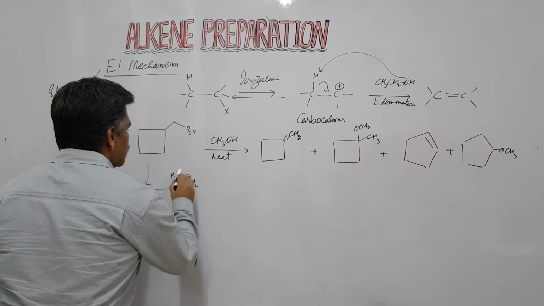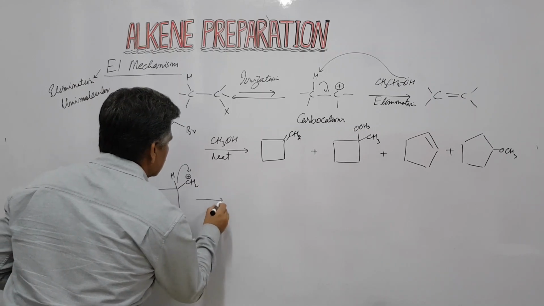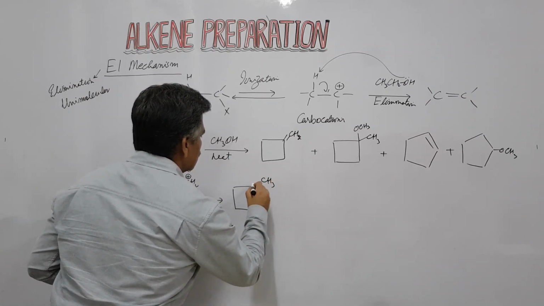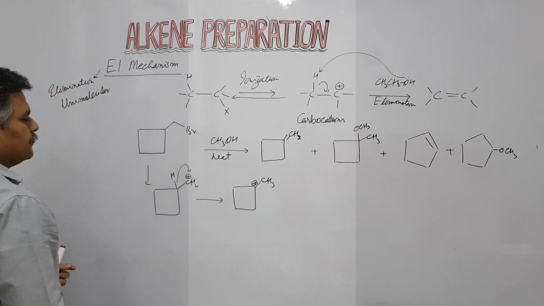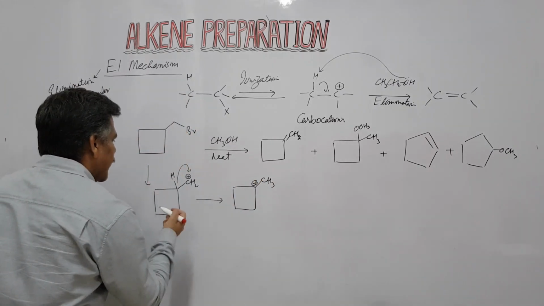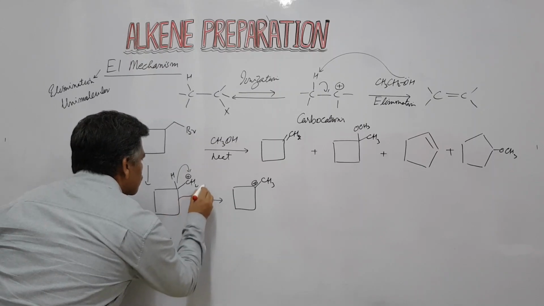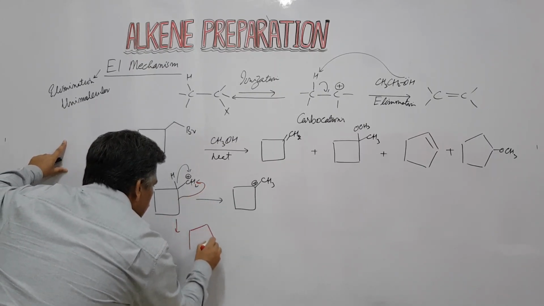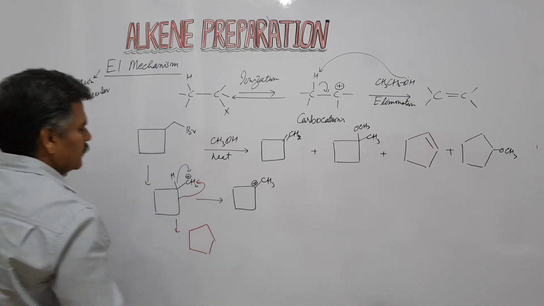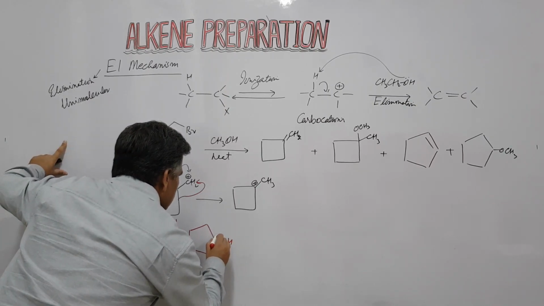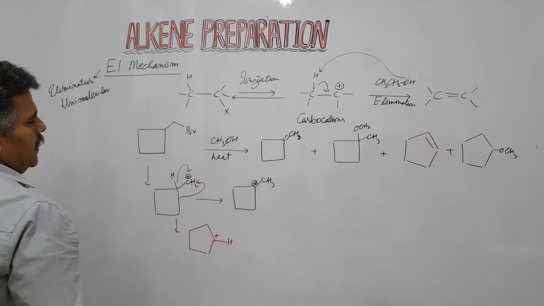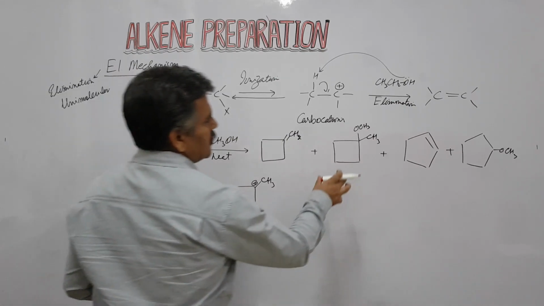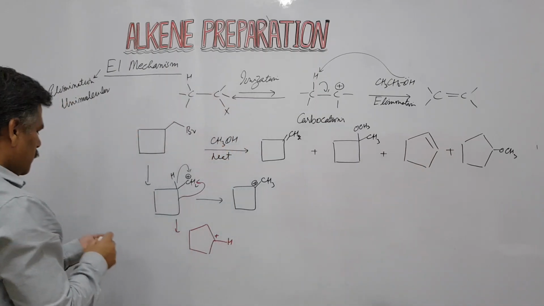So when this hydrogen shifts here, we have this type of carbocation. In another way, this carbocation is rearranged: this bond shifts here and one of the hydrogens, then we have this type of carbocation, positive charge. So if we have these two different carbocations, then we can justify the formation of these products.